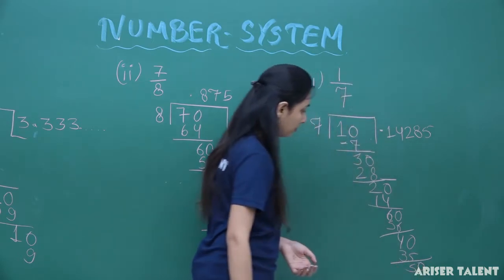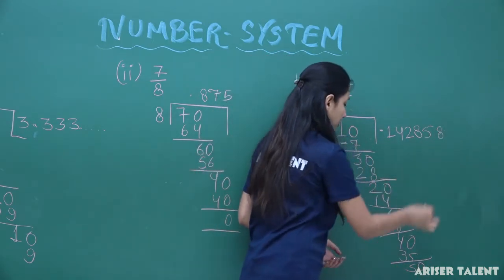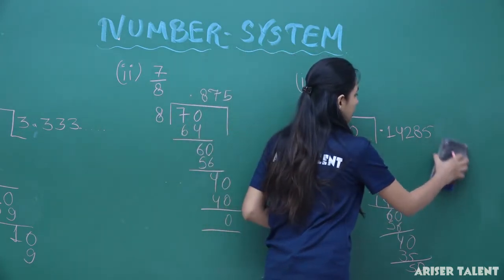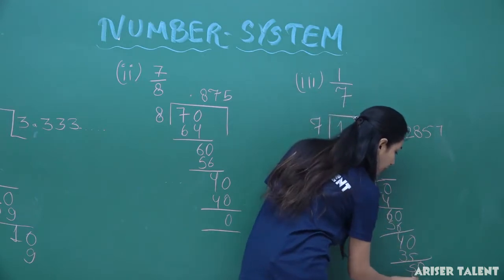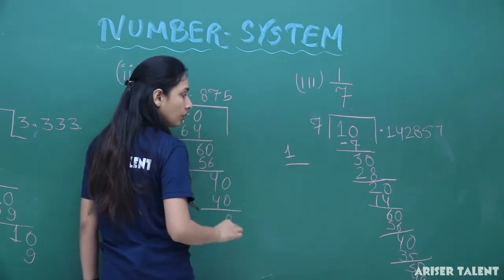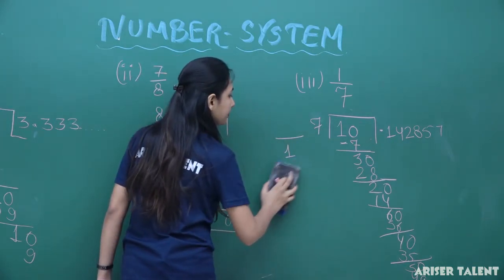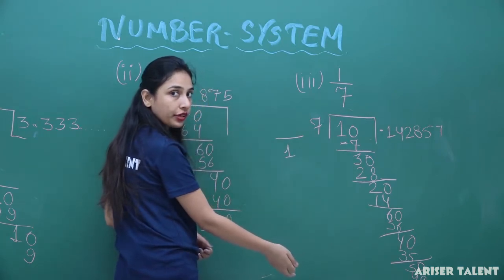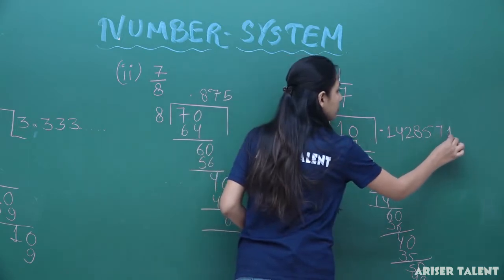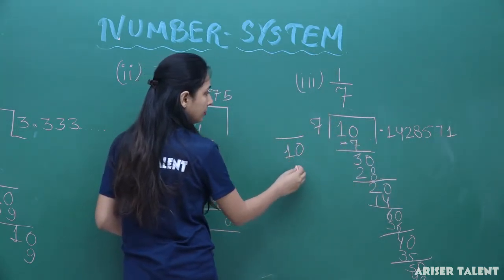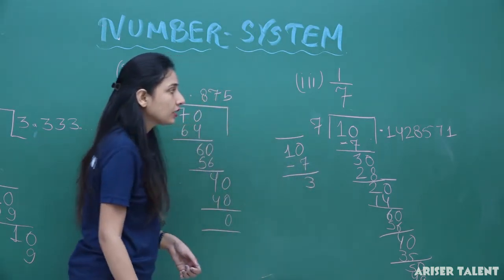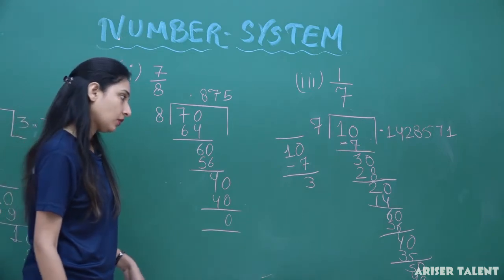Again 0, sorry. 7 times 7 is 49, I will be getting 1 here, 50 minus 49, we will get 1 here, then again 0, 1, this time 7, 3. It will be repeating anyway, okay.